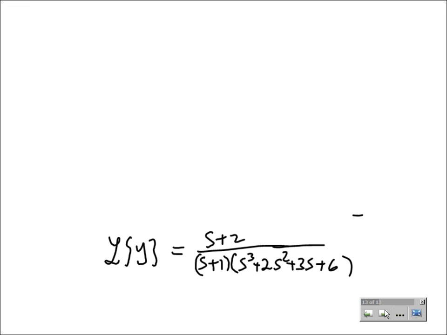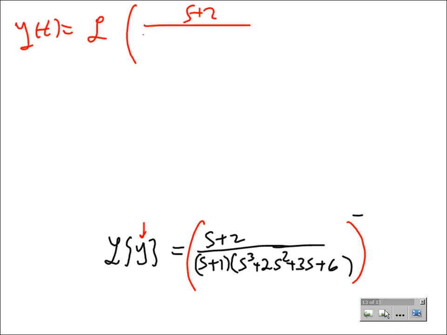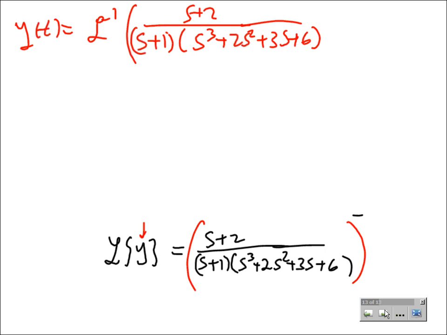I know that if I interchange what's in that bracket with what's in that bracket, we get that y of t is not equal to L of s plus 2 over s plus 1 times s cubed plus 2s squared plus 3s plus 6. It's not that, but rather it's the inverse of that.